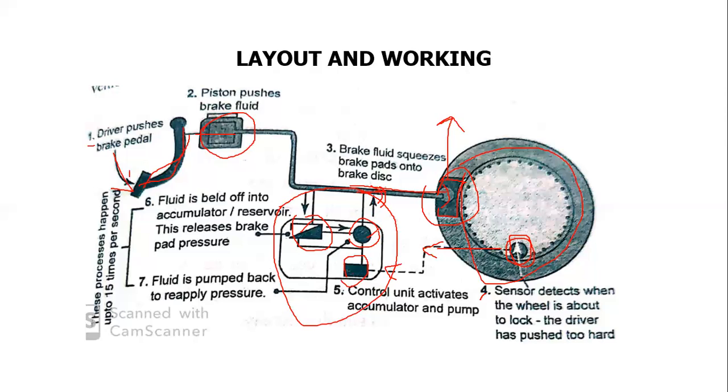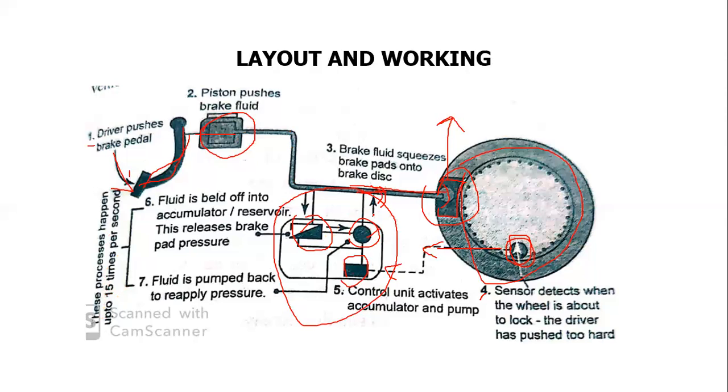So what would happen further? Here you can see, once the brake pressure is released, again the fluid pressure will create a brake in this pad, and again friction will happen between the pad and this rim.